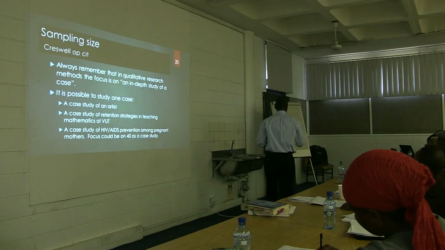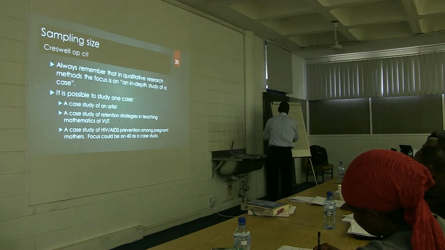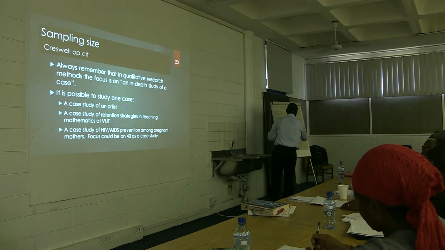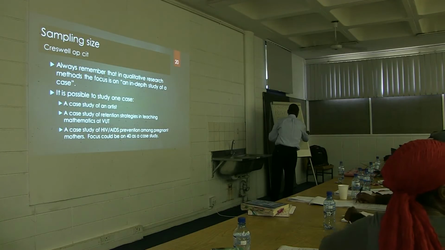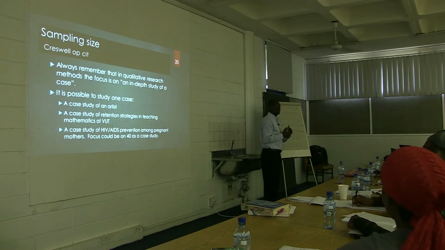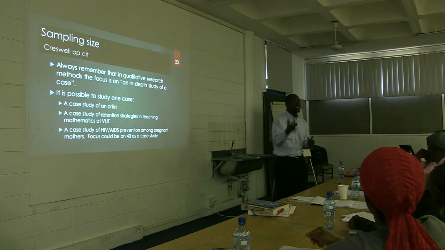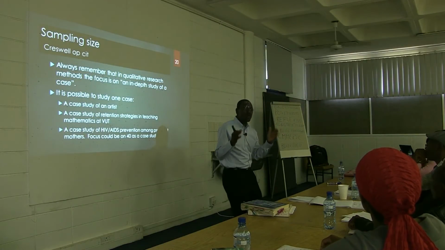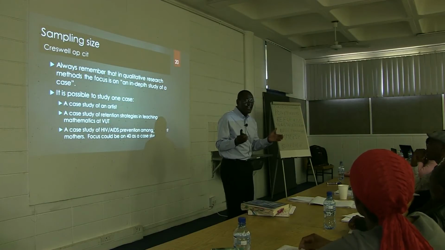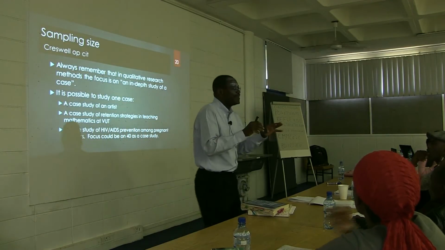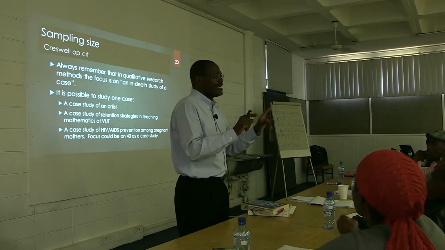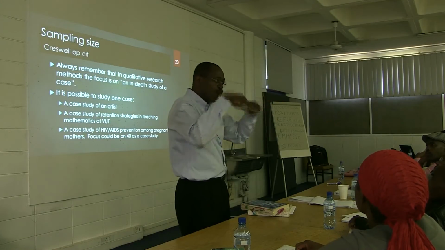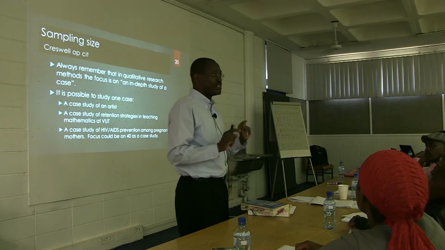Auto is as in motor cars, A-U-T-O, autoethnography. But remember, when we ask what is research, it is the quest for truth. So he has to go deeper into issues that talk to science so that his autoethnographic study can bring out the results that he wants.